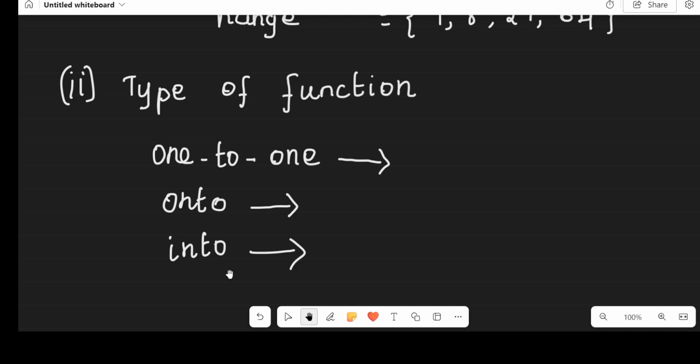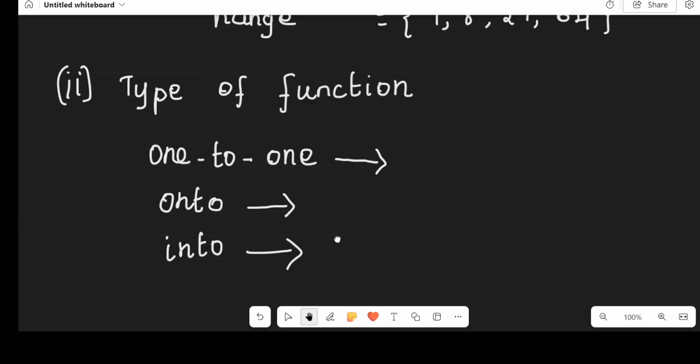Into function means if at least one element in the second set is not mapped, then the function is known as into function.